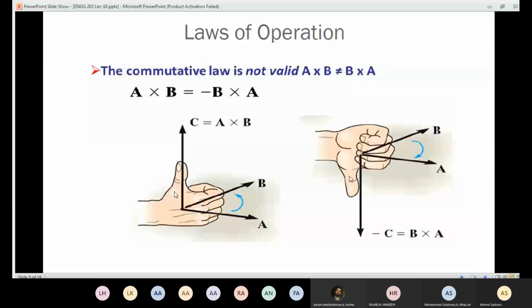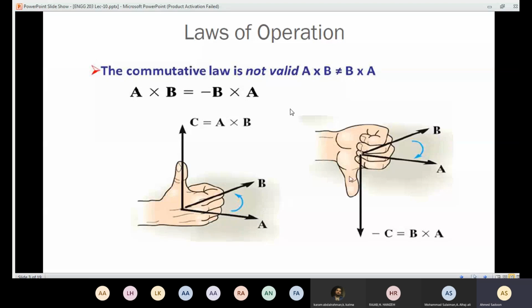But if I say B cross A, it means I use my right hand and curl my fingers starting from B towards A. And you will find that the direction is down here, opposite to that one, which means that A cross B equals minus B cross A. So you cannot say A cross B is the same as B cross A, but you can say A cross B equals minus B cross A.